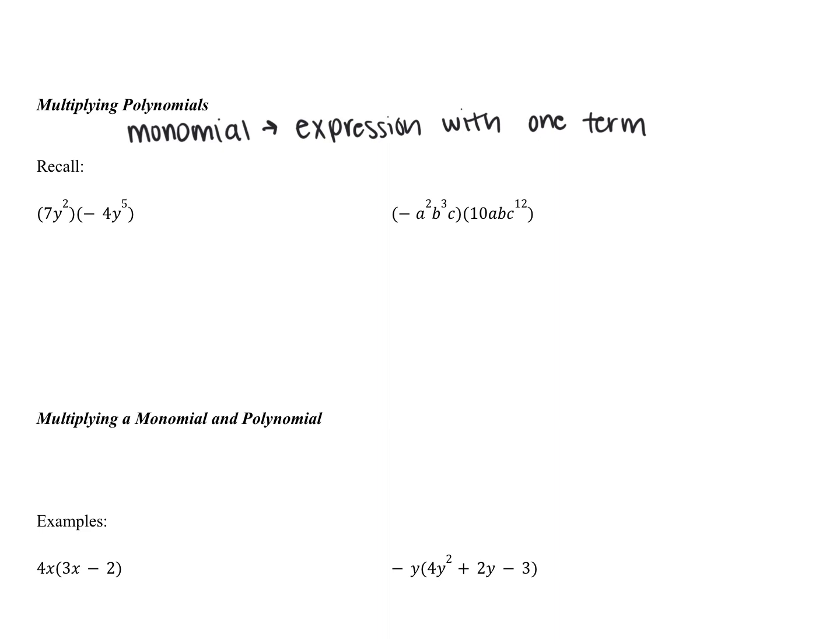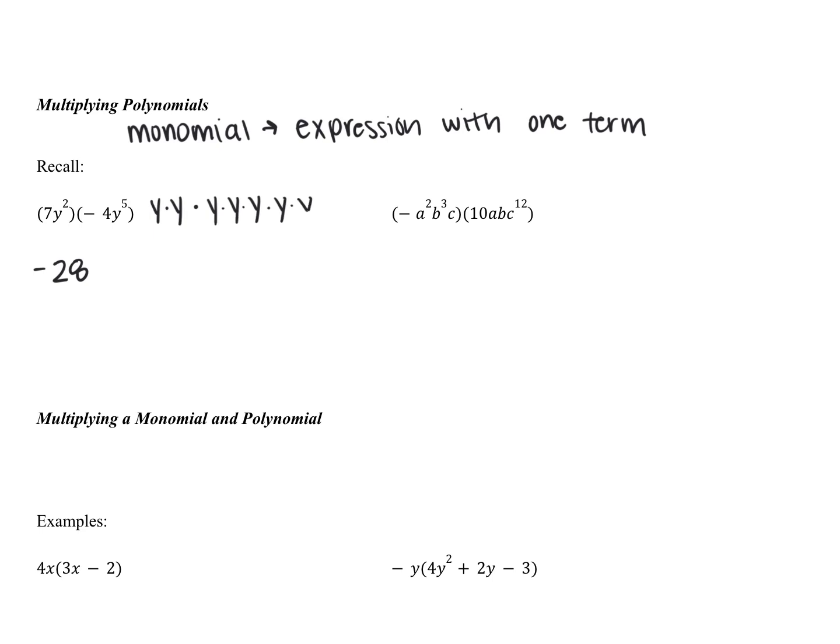So 7y squared times negative 4y to the fifth, parentheses indicate multiplication. I do 7 times negative 4, which is negative 28, and I do y squared times y to the fifth. Now, when I multiply with variables, I don't actually multiply the exponents. y squared is y times y, times y to the fifth, which is 5 y's.